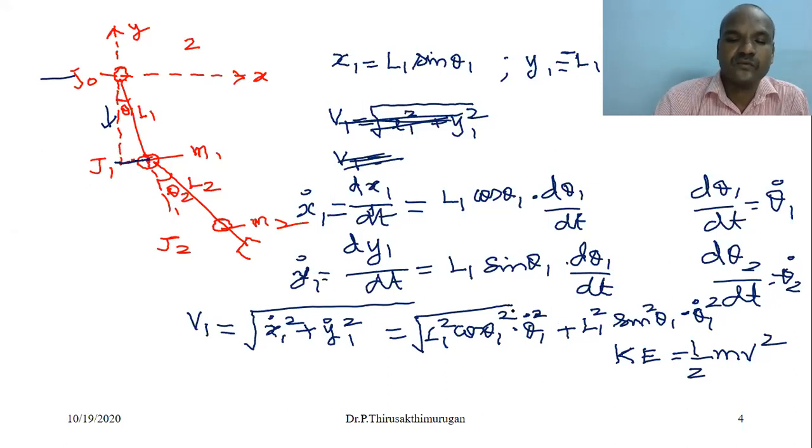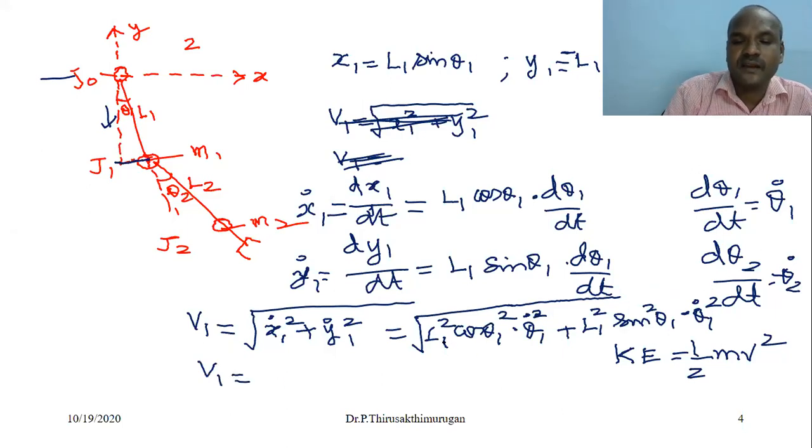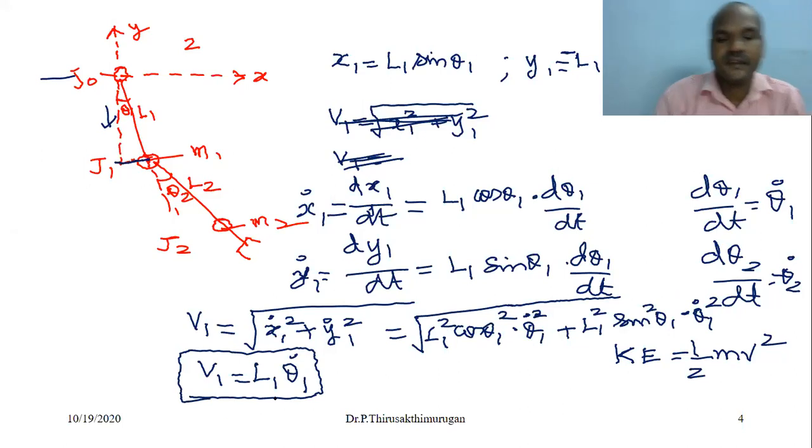If you take L1 square and theta dot square as common, we get cos theta 1 square plus sin theta 1 square, that is 1. So we simply get v1 equal to L1 theta 1 dot. Am I right? So this is the velocity of the robot at joint 1.